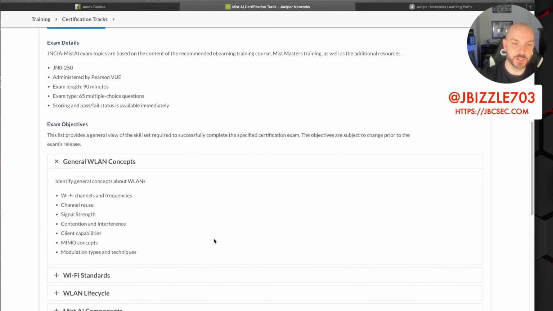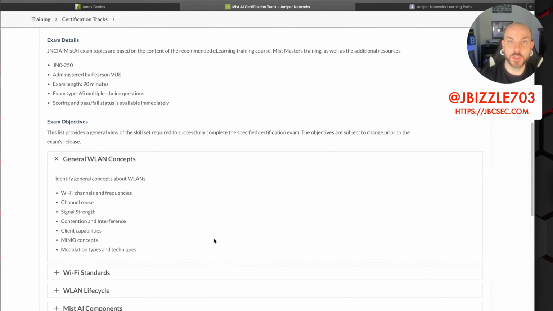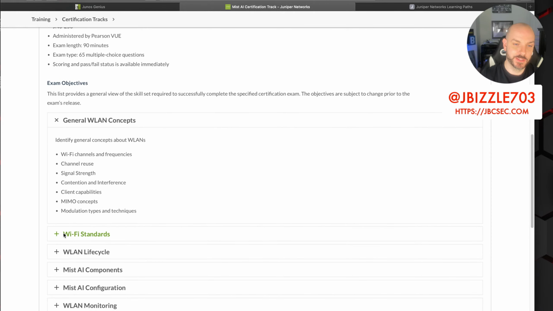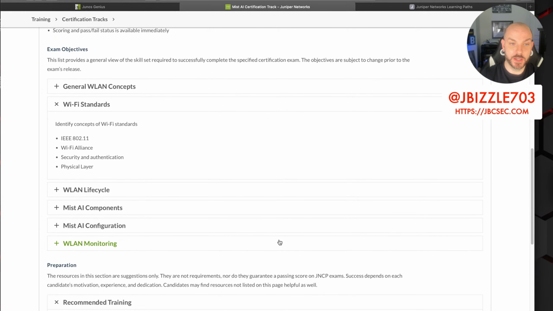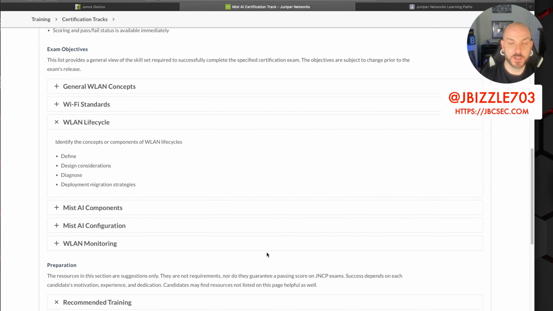So if we take a look through here, we're talking about the 2.4 versus 5 gigahertz frequencies, different types of channels, signal strength, attenuation, different types of additional improvements as we go through the different amendments to the different wireless standards, how they've improved over time. Then talk a little bit about some of the security features and the differences between IEEE and the Wi-Fi Alliance and what they're responsible for.